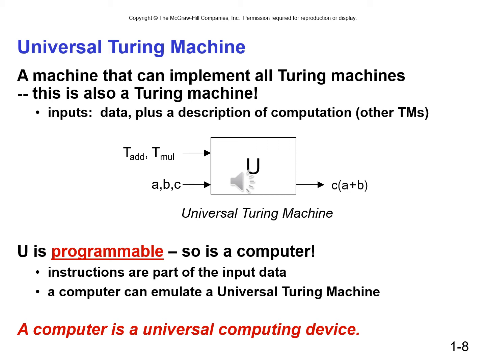Inputs data plus a description of computation. And in this example, U is programmable. So it is a computer. Now remember, he wrote this thesis in 1937. It predates any actual physical computers. Okay, it is a theoretical concept that really describes all modern computers. So a computer is a universal computing device, a Turing machine.